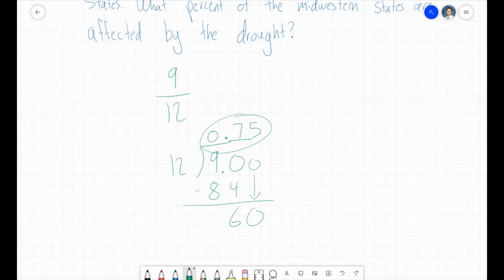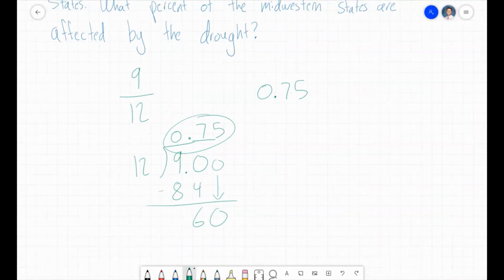Now that's our decimal, right? This is a decimal equivalent for 9/12. Now the relationship between a decimal and a percent, remember that a decimal is just out of a whole number, right? 0.75 means 75 hundredths, okay? We could even write it like this, at which point we know that this would be our percent, 75%.